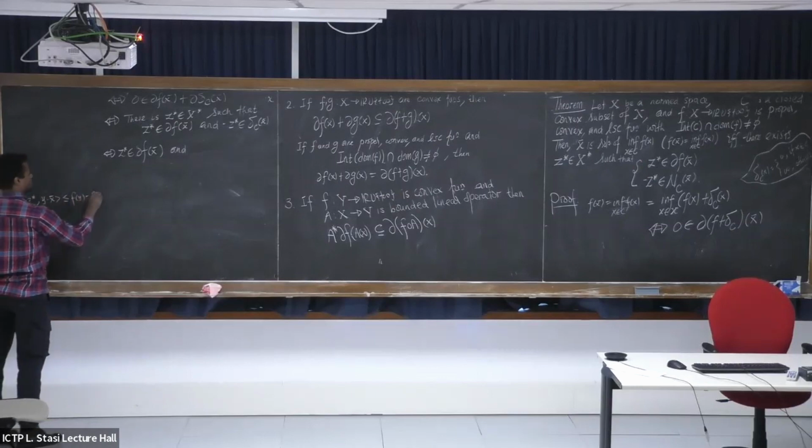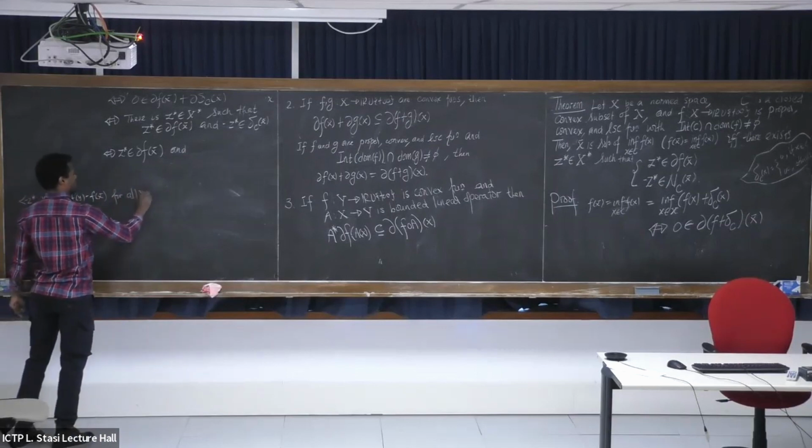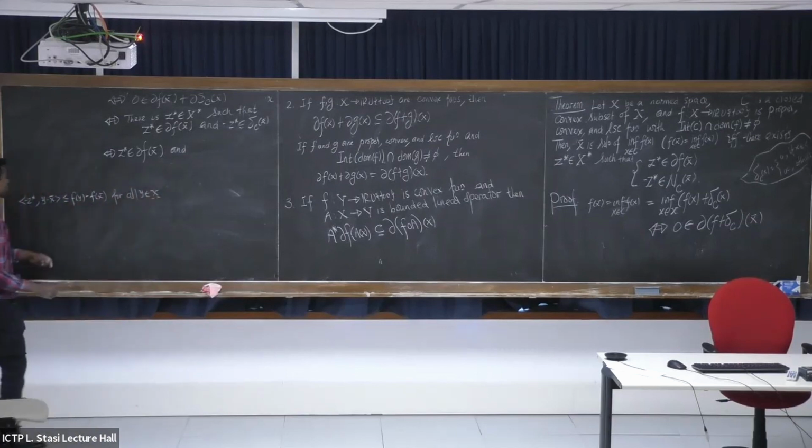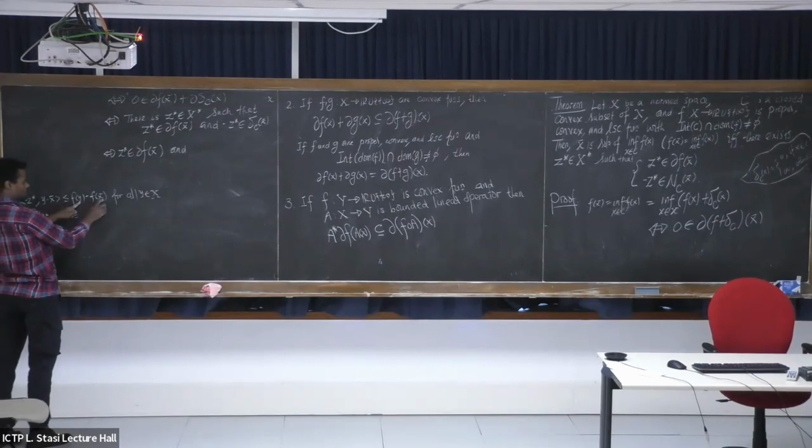For y in X, if y is out of C, this will be infinite, so y should be in C. If it is in C, this is obviously 0.